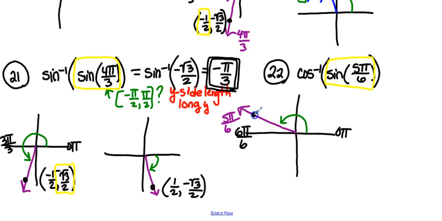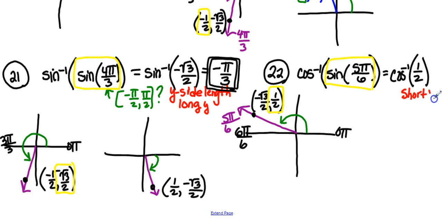The ordered pair there on the unit circle would be a long x, so negative root 3 over 2, up 1/2. Sine of that angle would be the y value. So this is now cosine inverse of 1/2. Cosine inverse gives me an x side length, in this case a short x.